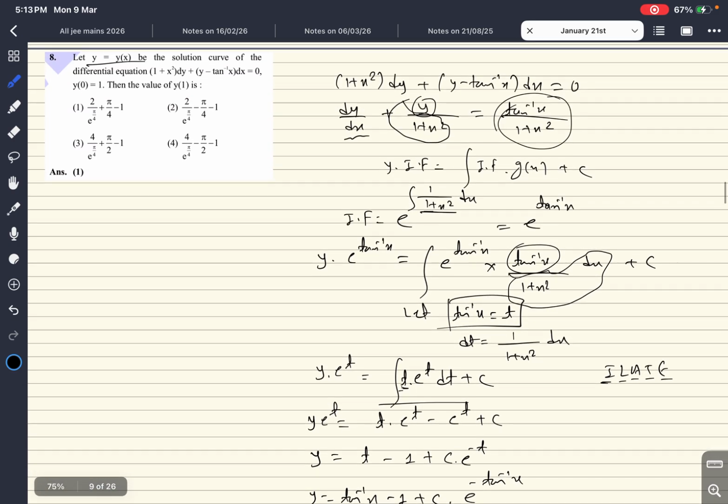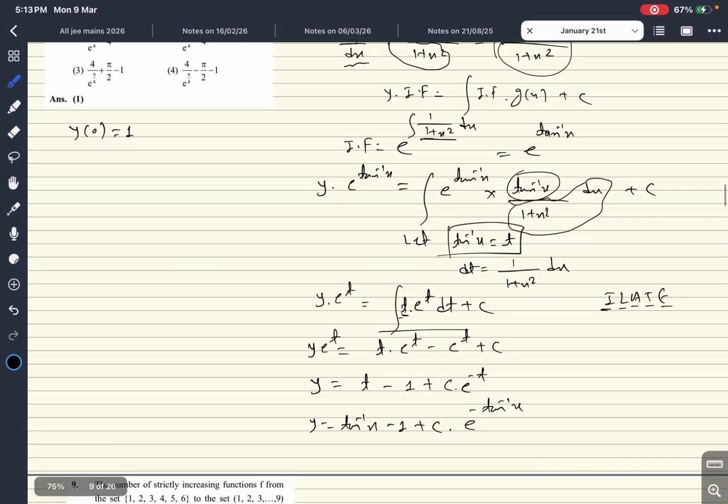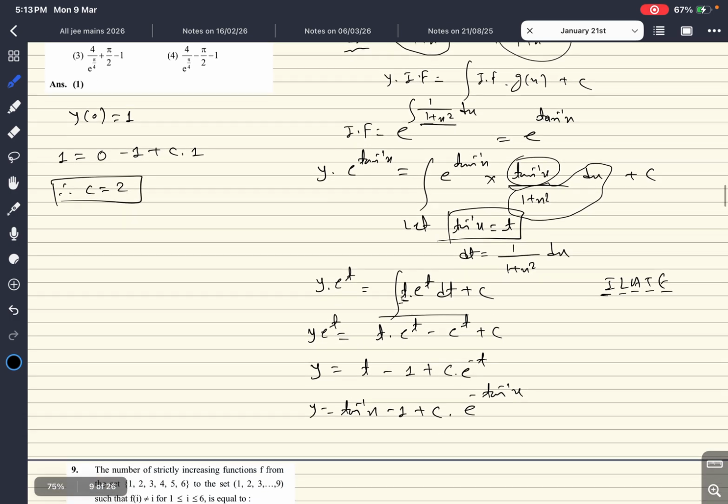Correct. Now use the given condition, y of 0 is equal to 1, to get the constant. So put 0: tan inverse of 0 is 0, minus 1 plus c e to the power minus 0, so it is also 1. Therefore from here c is equal to 2. Now what value do you need, y of 1.